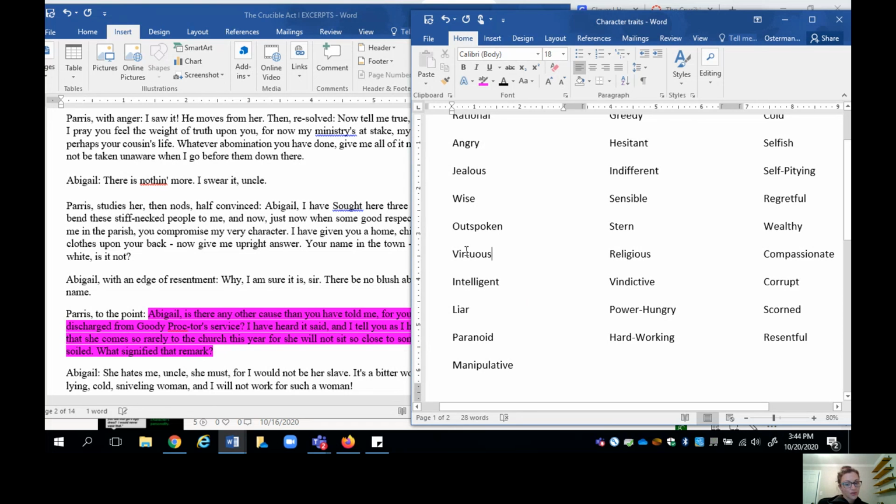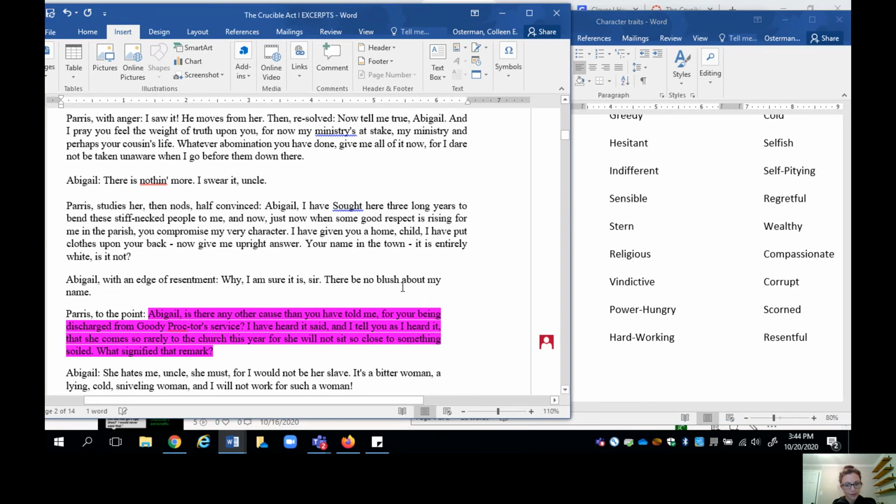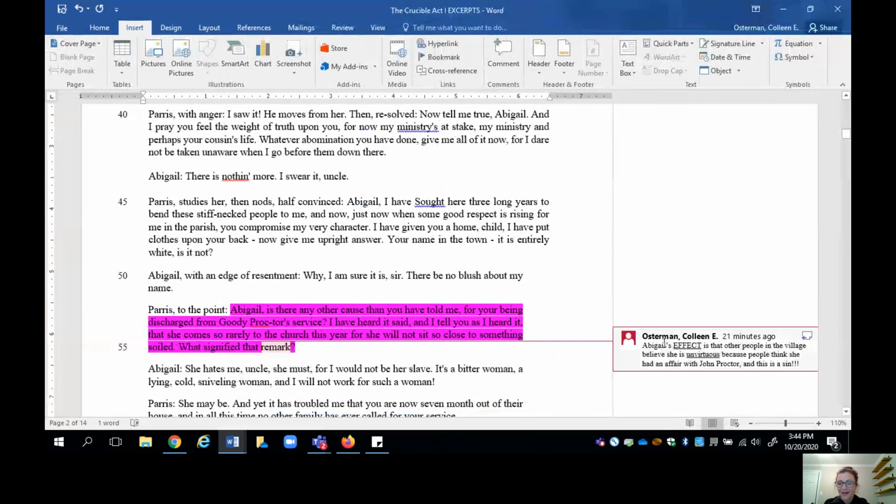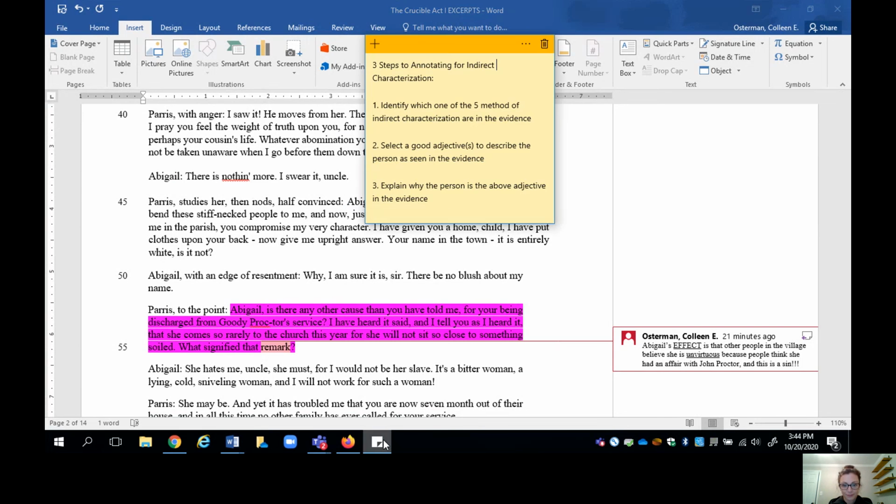So even though unvirtuous is not a word on our vocabulary traits list, I think we can manipulate this word a little bit to fit. So Abigail's effect is that other people in the village believe she's unvirtuous because people think that she had an affair with John Proctor, and this is a sin. So I've done all 3 of my steps.